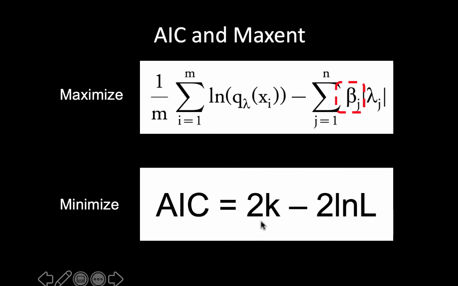In AIC, in its term that penalizes the number of parameters, the penalty per parameter is fixed at 2. And there is a mathematical derivation. There is a real reason why this is 2. It's not something someone just drew out of a hat. But it is set in stone.